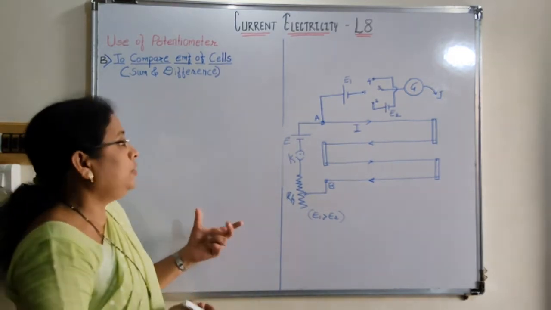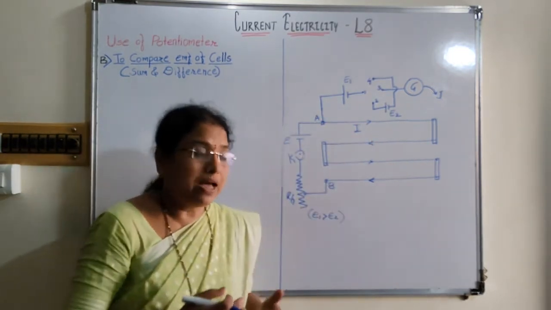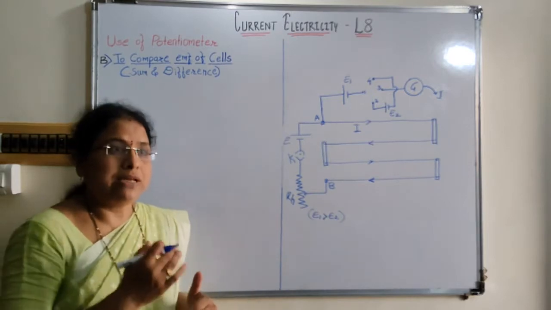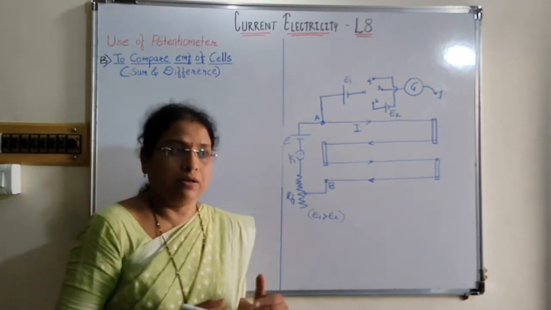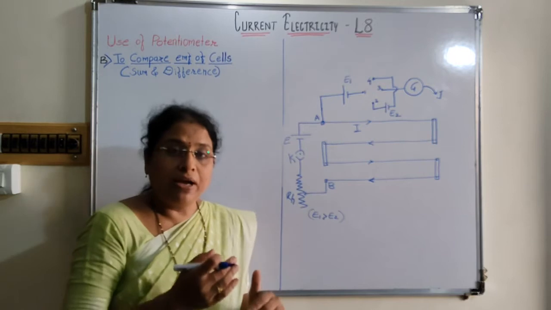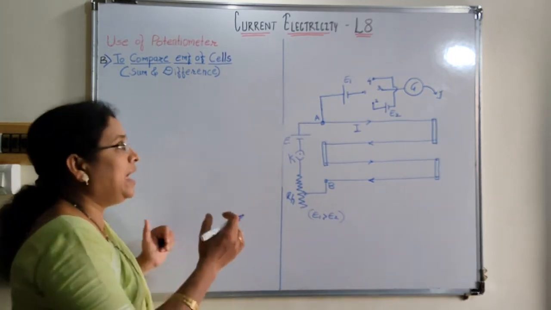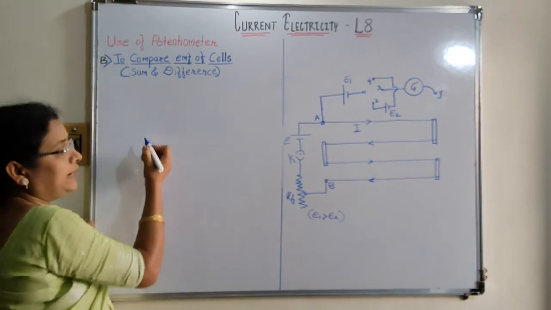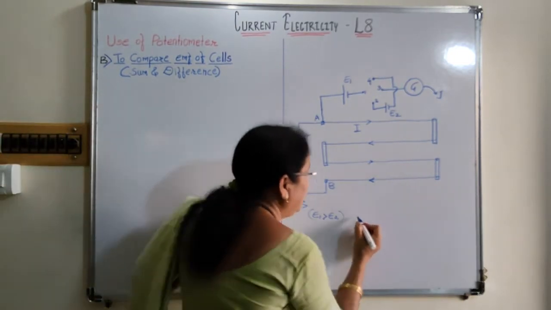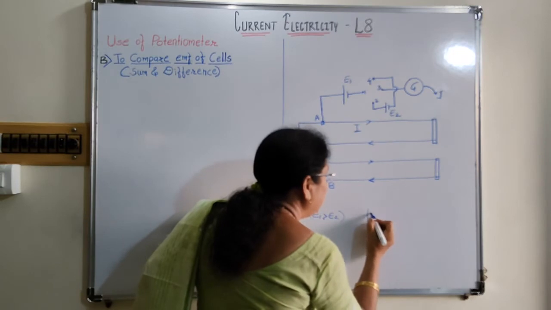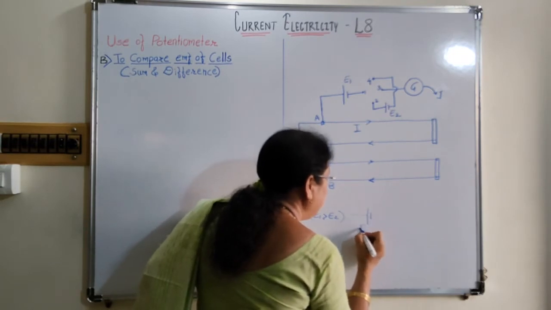Here we have to use both the cells in the circuit, not simultaneously but in the same circuit, E1 and E2. We connect first E1 and E2 in the first part in such a way that they assist each other, or they are connected in an assisting manner. Means E1, see here, this is your cell E1.